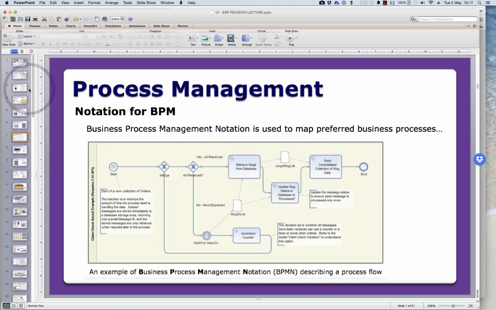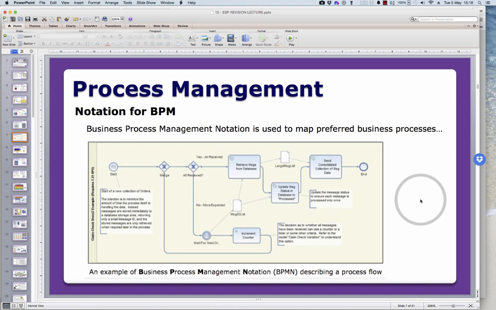So process management. So here's what's called business process management notation, and it's a way of looking at a business process and seeing what happens in a kind of informal way. And so that method of doing things is also provided in Visual Studio. You've got something like this.